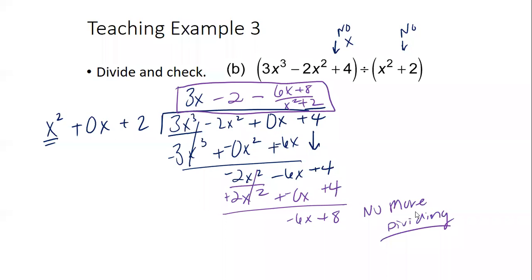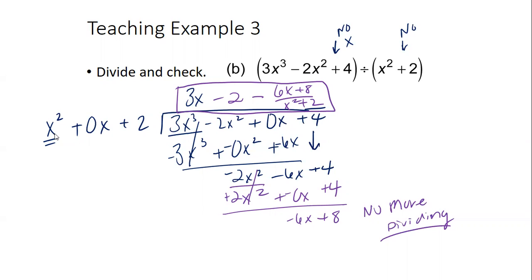All right. How we do? Did we get 3x minus 2 minus 6x plus 8 over... I forgot to change the signs in the subtraction part. So I went through, I divided by the leading term of my divisor.